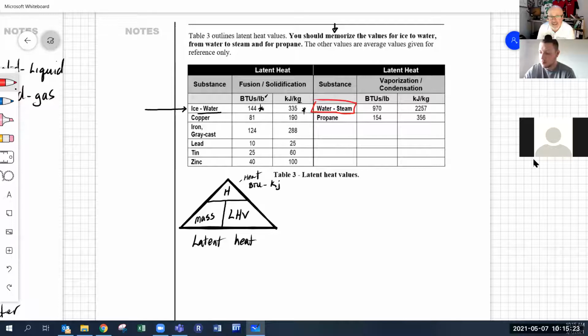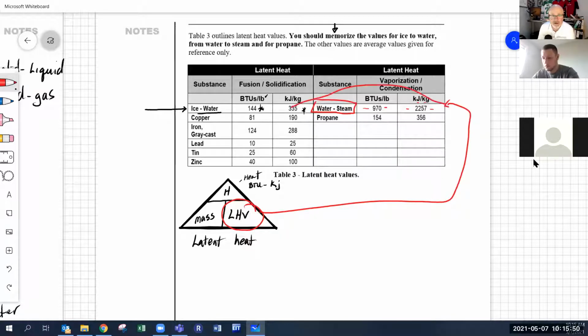It takes 970 BTUs per pound of water to change it to steam. And the metric equivalent to that is 2,257 kilojoules per kilogram. So these latent heat values go here in our equation.